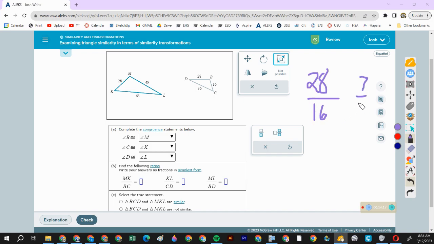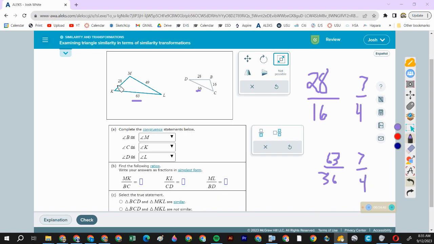So 7 over 4. Okay. And then KL is 63, CD is 36. 63 over 36. Wow, I'm really good at this. So I can pull out a 9, and I get 7 over 4.